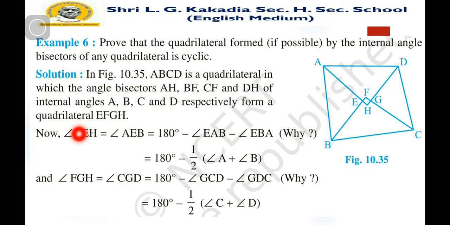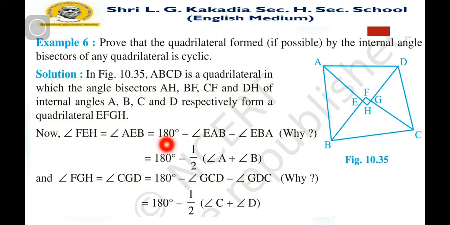So FEH is equal to AEB. Both are equal. Why? Because they are opposite vertical angles. So we can find FEH is equal to angle AEB.